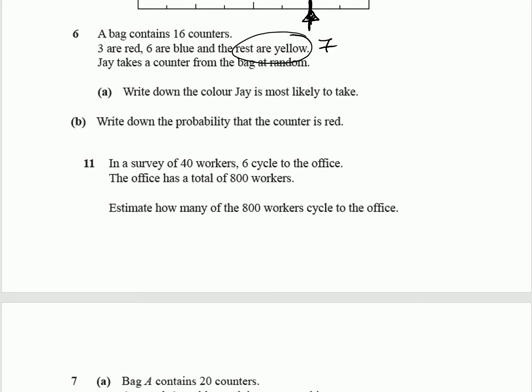So altogether, the most likely one is the yellow one because there's more of them. So yellow is the colour he's most likely to take. The probability of a red counter is 3 out of 16. So that's all I need to do there. I don't need to write down the decimal. Leaving it as a fraction is absolutely fine. And check it simplifies on your calculator if you're not sure.